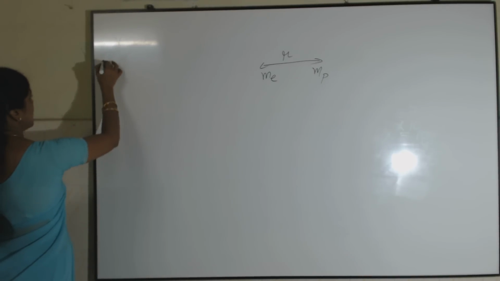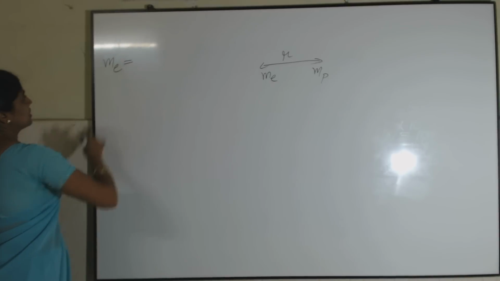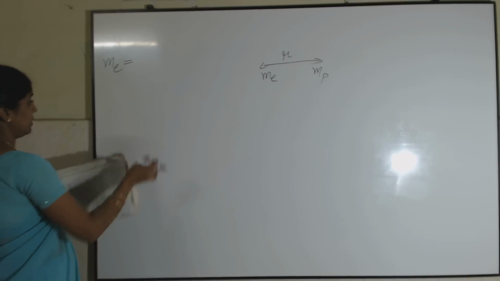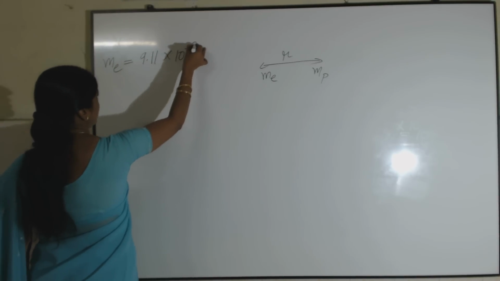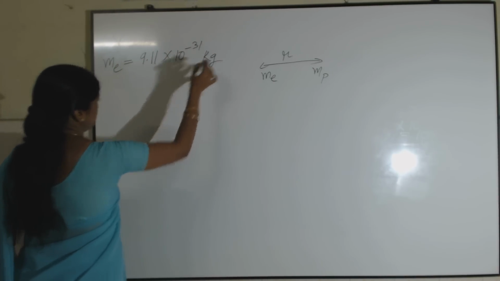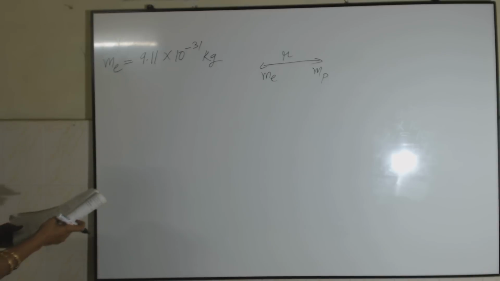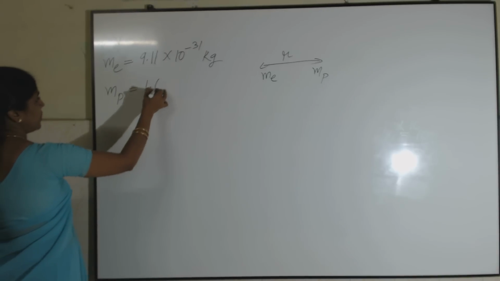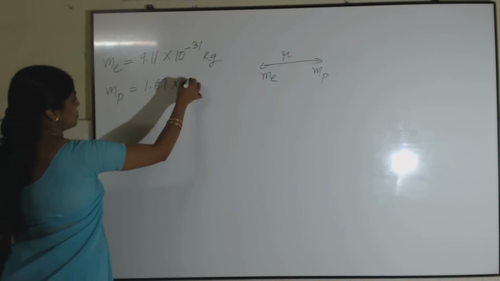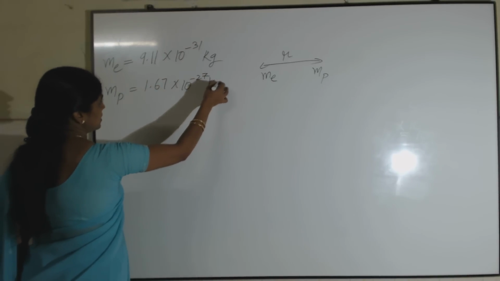Here the mass of the electron is given as 9.11 into 10 power minus 31 kg and the mass of the proton is 1.67 into 10 power minus 27 kg.